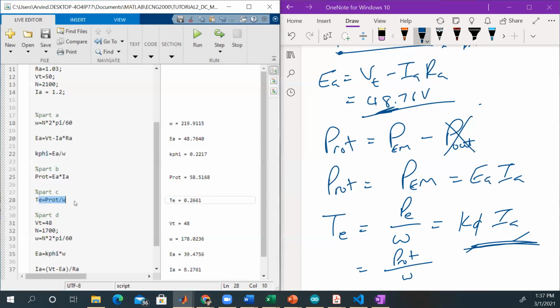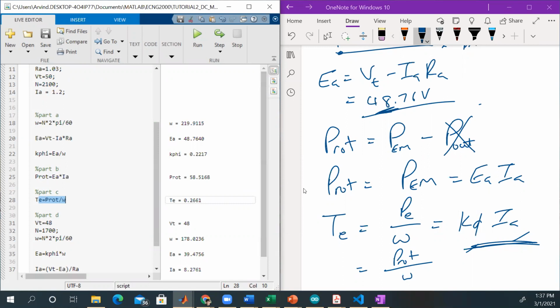So here I use P rotation on omega, and the electromagnetic torque, which is really the friction torque, that is what we would call it here, because it is all from the friction and windage power, is 0.26 Newton meter. Good. So part D, the output power when the motor is operating at 1700 RPM from a 48 volt supply.